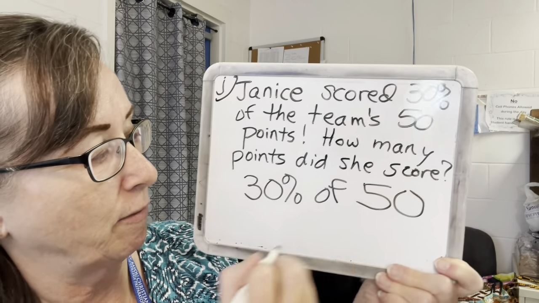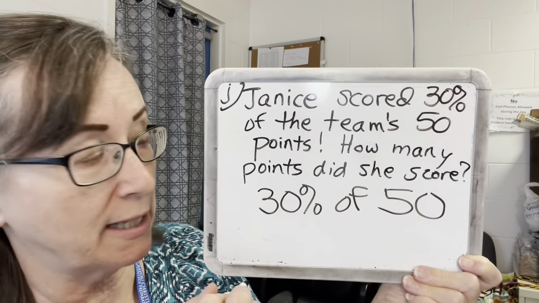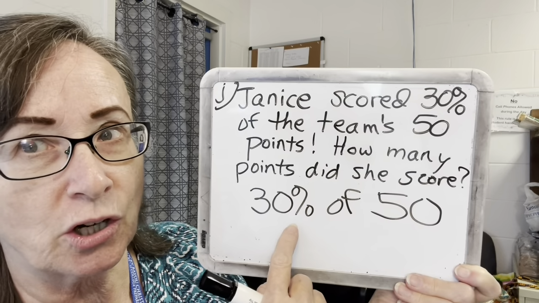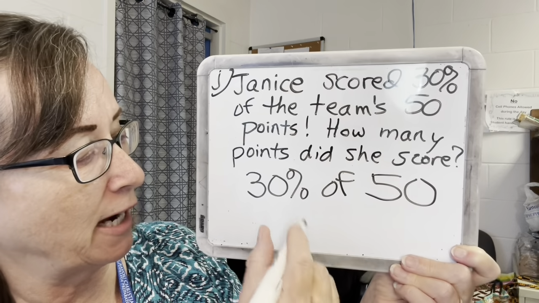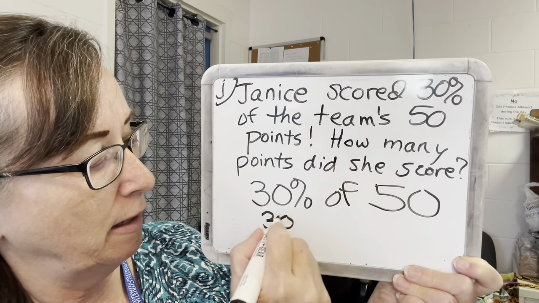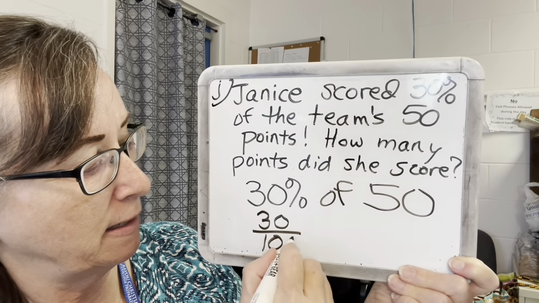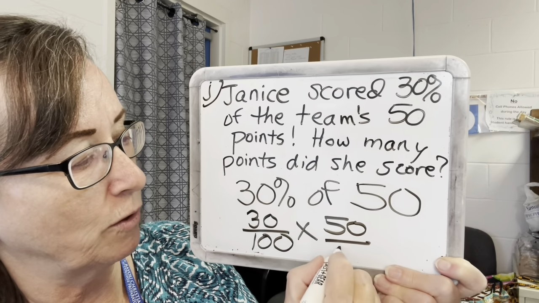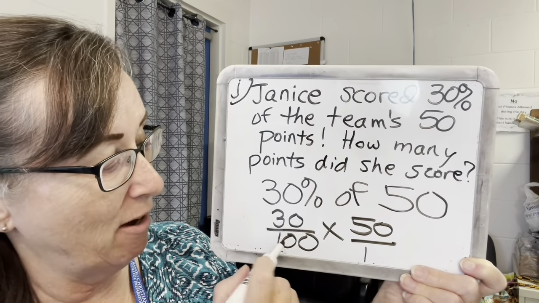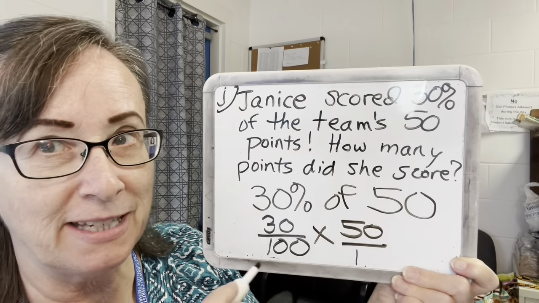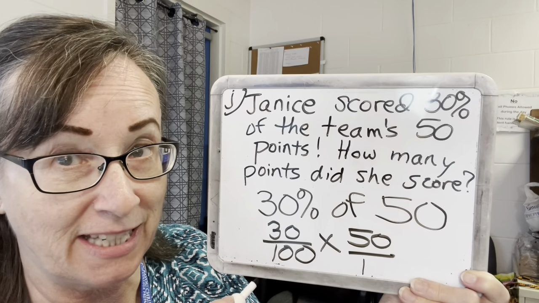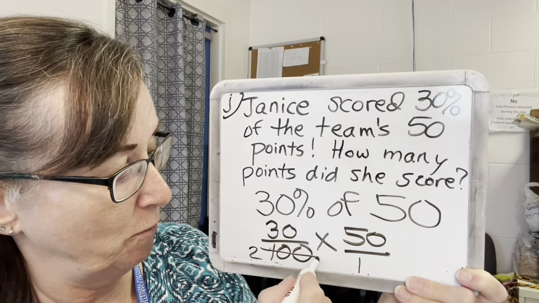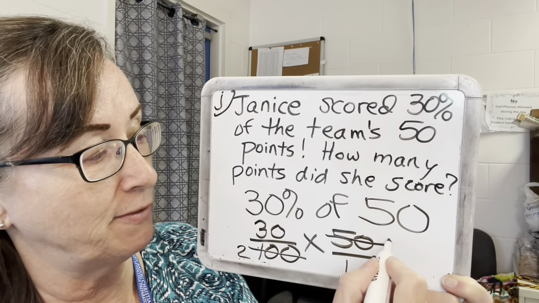50. Okay, so we can do this two ways. I'm going to do it the easy way. I'm going to turn 30% into a fraction. 30% times 50 over 1. Now, doesn't 100 have a common factor of 50? So 100 divided by 50 is 2, and 50 divided by 50 is 1.